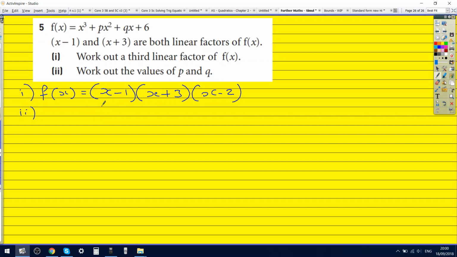I would recommend you just do 2 brackets at once. Yeah, that's one. You could just fully expand this and then get the x squared and the x.